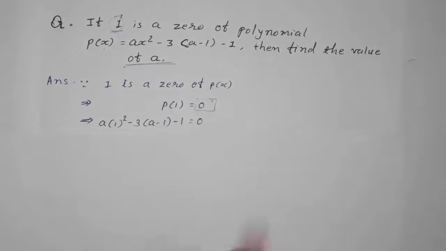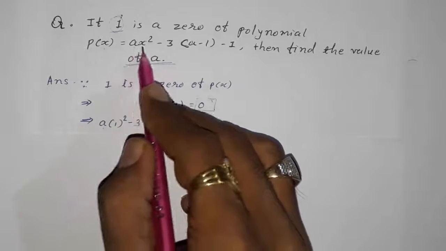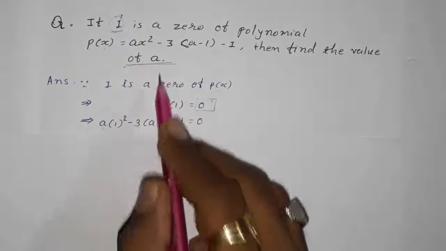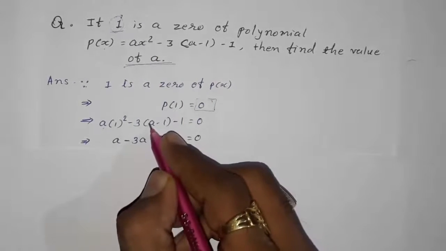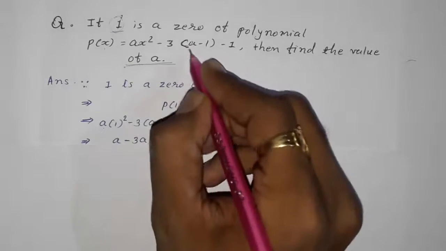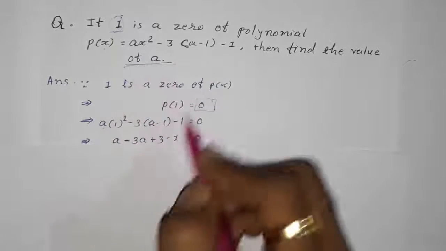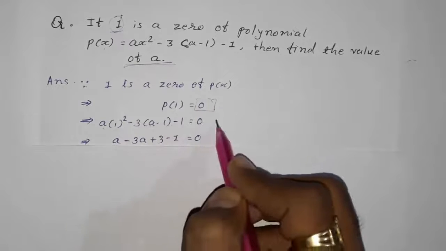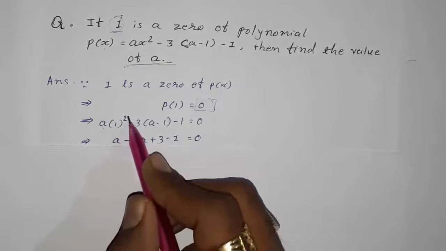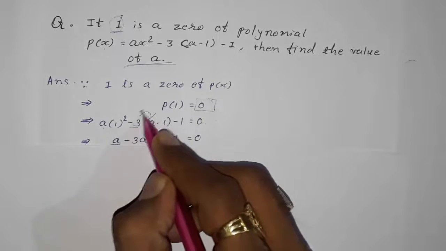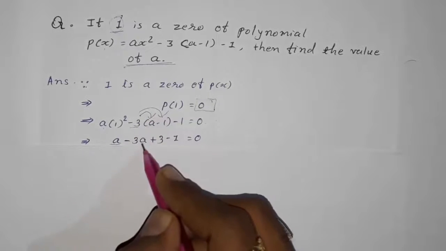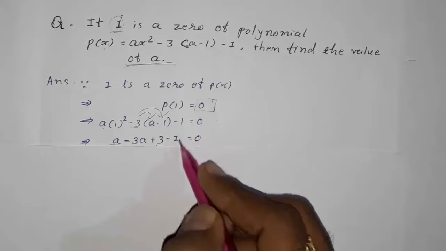So now one by one: a into 1 square minus 3 into bracket a minus 1 into 1 minus 1 equals 0. Now 1 square is 1, into a. Now minus 3 multiplied with both of these terms: this will become minus 3a, this will become plus 3, and minus 1.